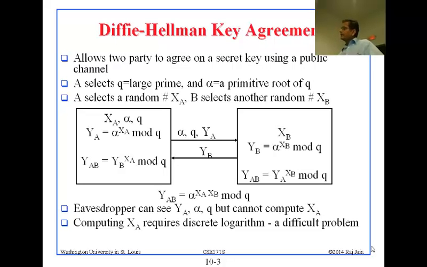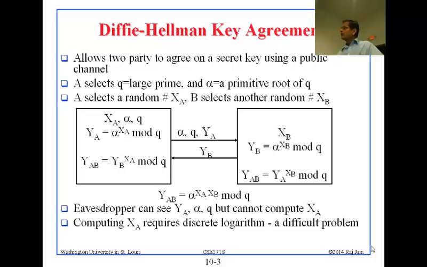And so this guy can calculate it very easily. And B does the same thing. It calculates YAB equal to YA, which was received on the public channel, raised to the power XB, the number that it selected, and then it knows YAB. So now both of these guys know YAB, but nobody in the middle can calculate YAB. Why can't they calculate it? Because they cannot factor this large number Q, they cannot do discrete log and things like that.